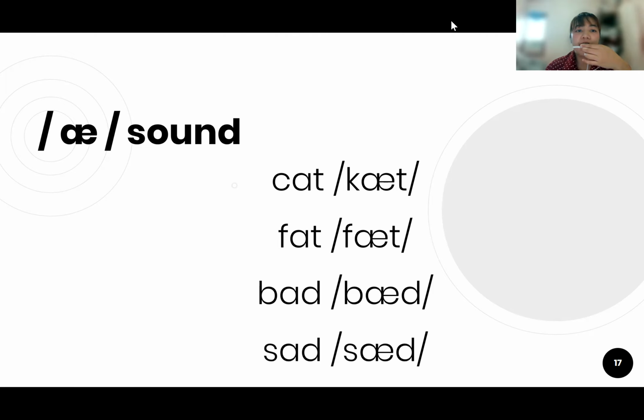Your conjunction and also makes use of your digraph. So for example, this symbol and then your n-d when you transcribe the IPA transcription for the word and. Okay, that's it.